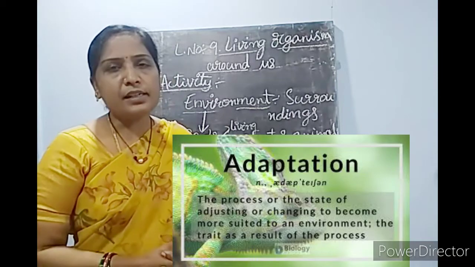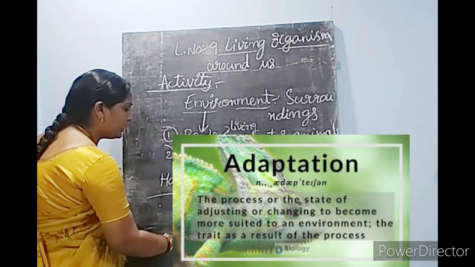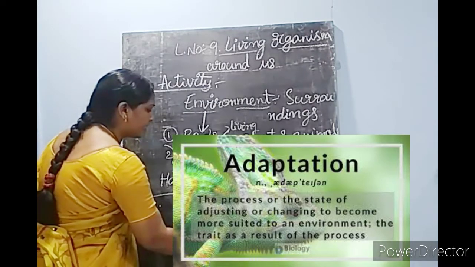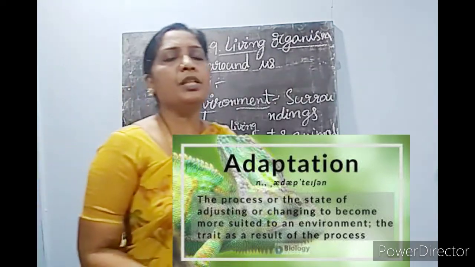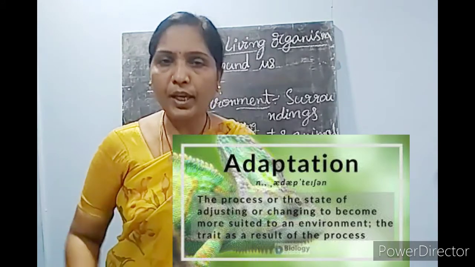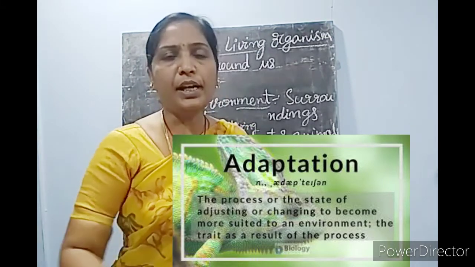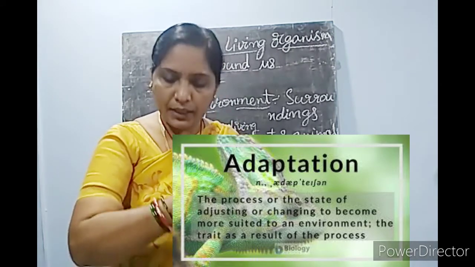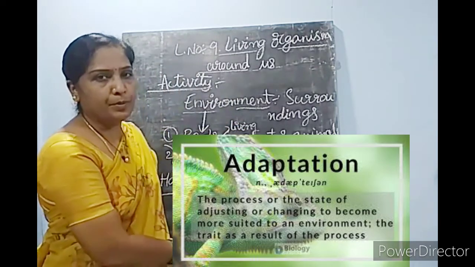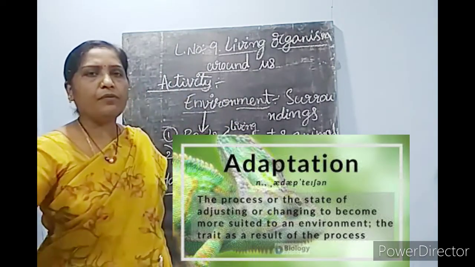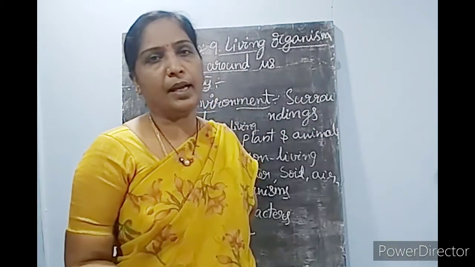These characteristics are known as adaptations. Adaptations means they bring some changes in themselves according to the environment, according to the habitat where they are living. They show some special characteristics known as adaptations. So there are different habitats like terrestrial habitats, grassland habitats, desert habitats.